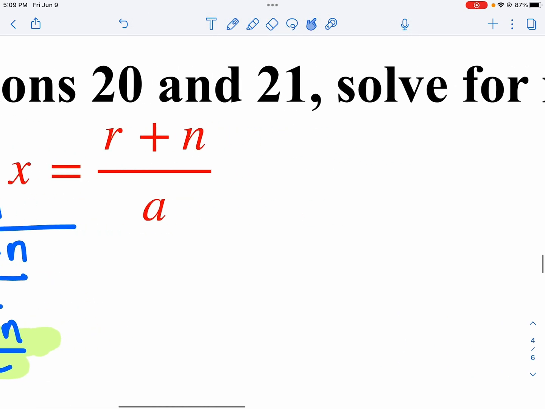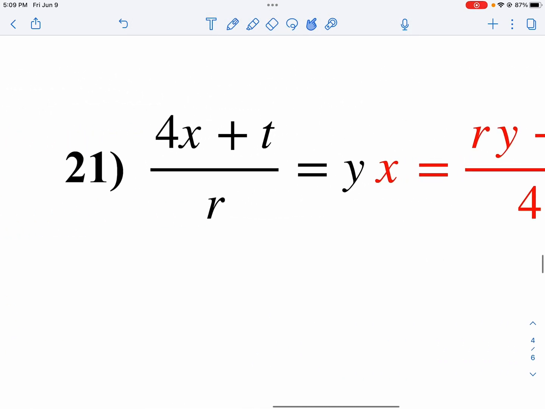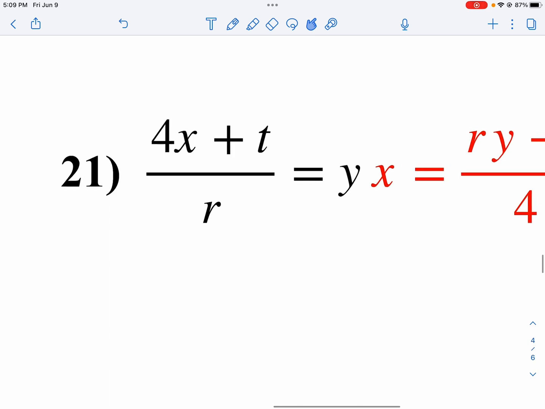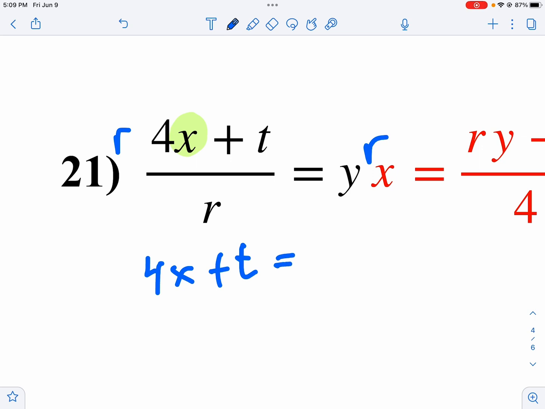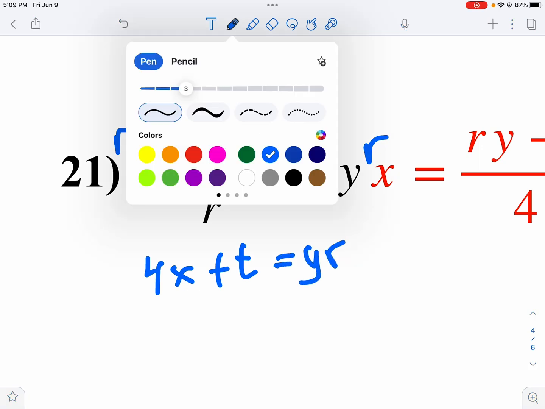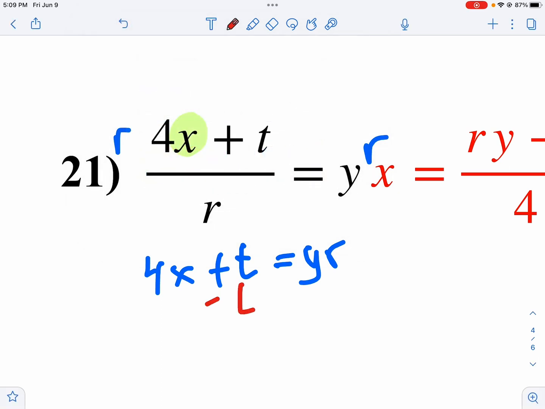Now if we take a look at 21 here, I want to get x by itself again. So the opposite of dividing is multiplying, so we're going to multiply both sides by r. So then I'm going to get 4x plus t equals yr. Get rid of the addition, so we're going to subtract t from both sides.